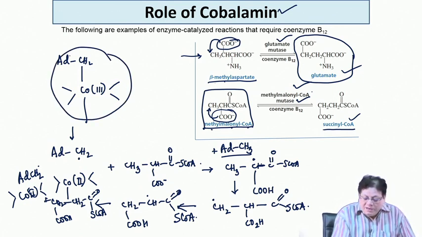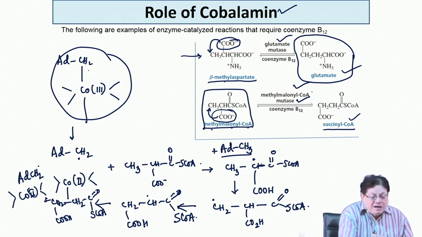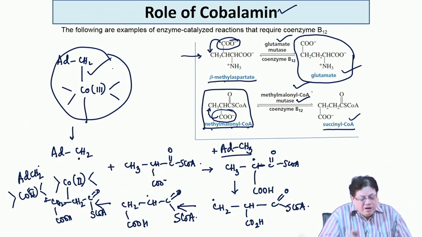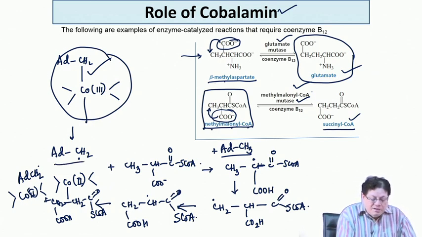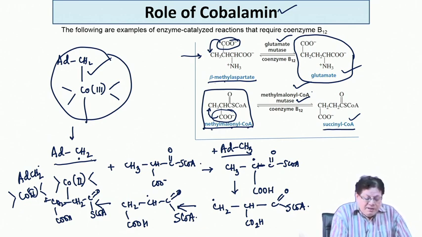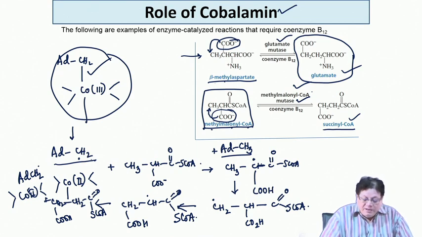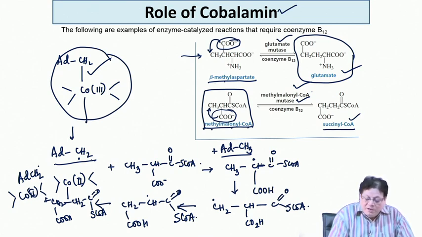So, again just to summarize this process: this is a very reactive organometallic carbon-metal bond, so that can homolytically dissociate, resulting in a radical at the adenosyl part, and the cobalt goes to cobalt 2. Then this abstracts hydrogen first here, so it gives a dot, and then the hydrogen migrates from here and goes to there.